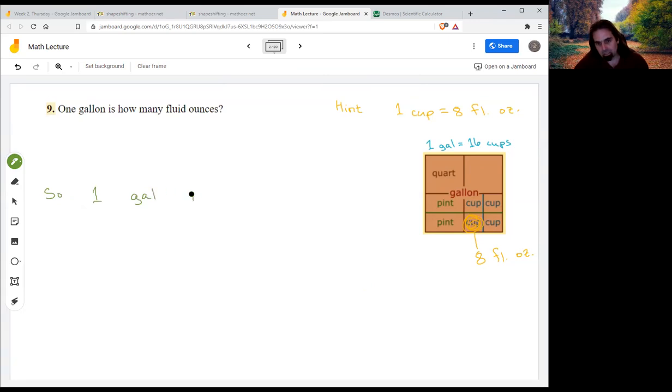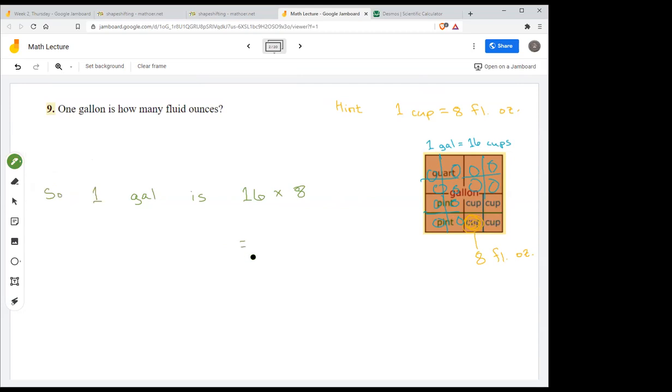So 1 gallon is the 16 times the 8. Because each of the 16 cups, if I was to draw in all of the cups, each of my 16 cups is 8 ounces. So 16 eighths. I'm not sure. 128. Yep.